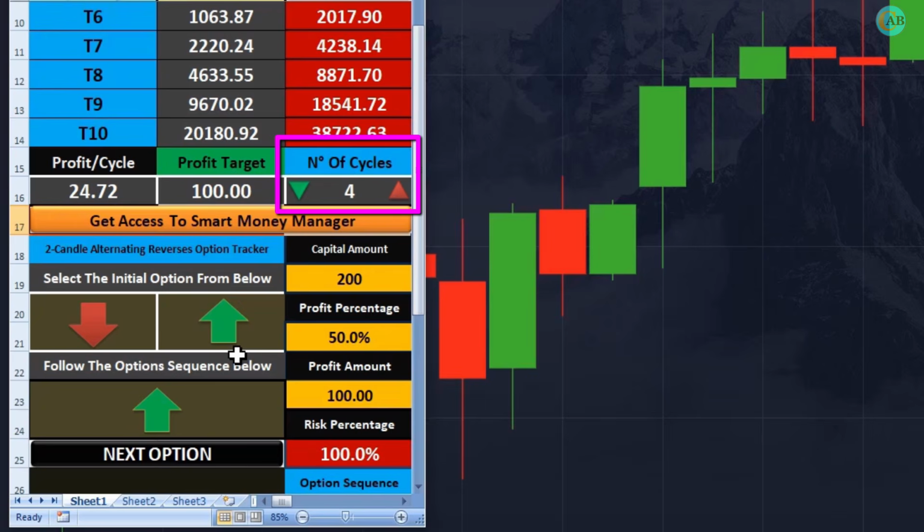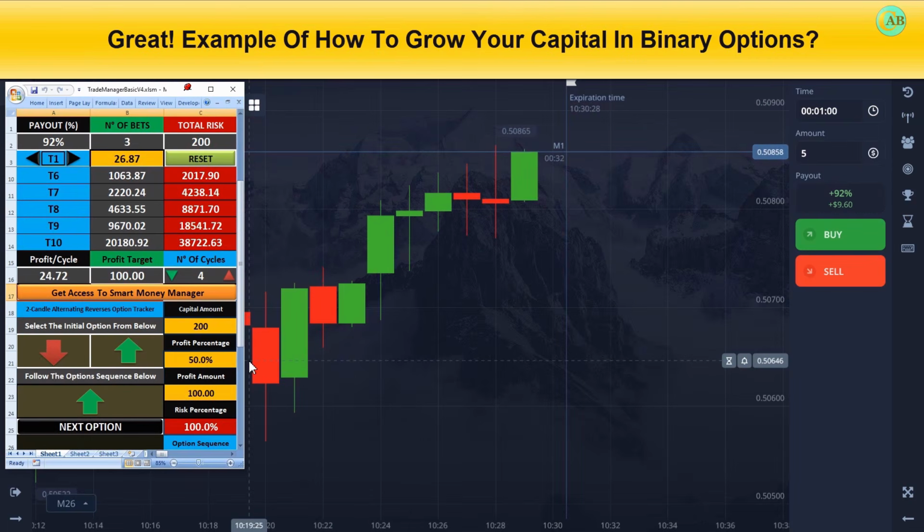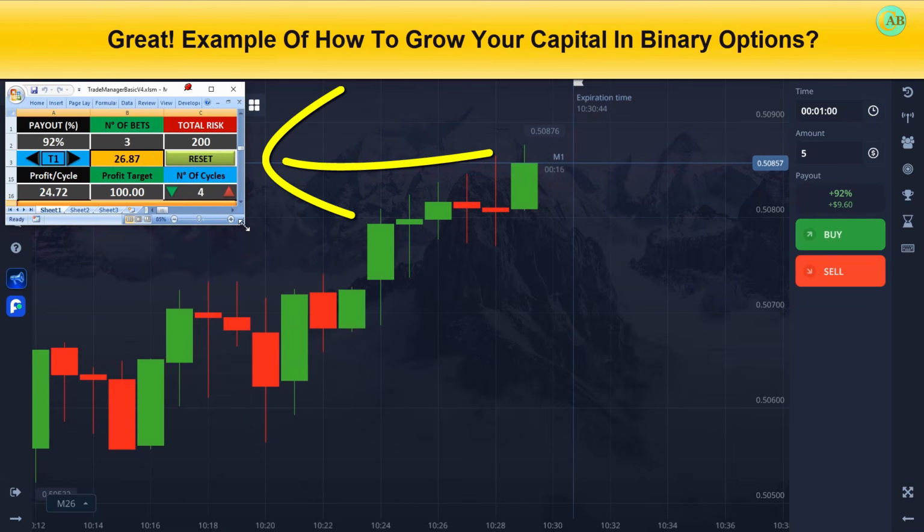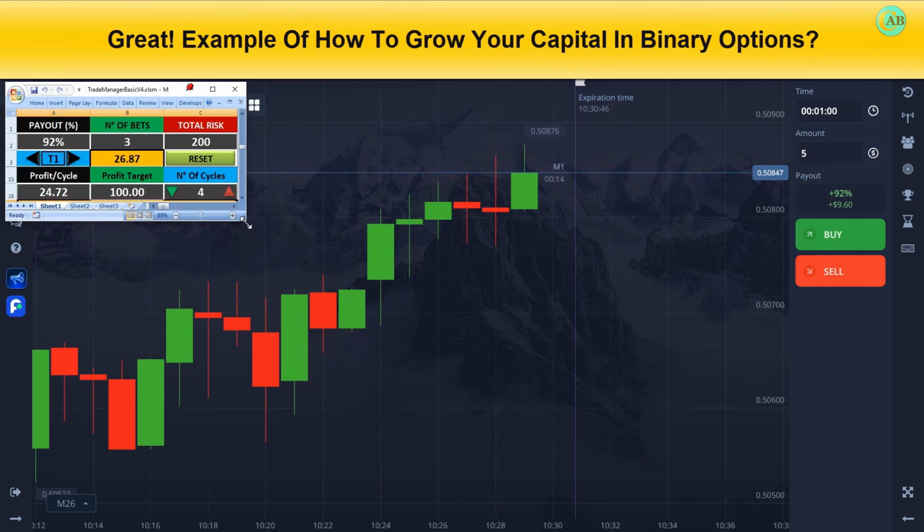For instance, as you can see here, it's 4 cycles. At this point, all set for the Trade Manager Basic, so I'm gonna reduce the window or the display to the upper section. That's all I need during my trading session.